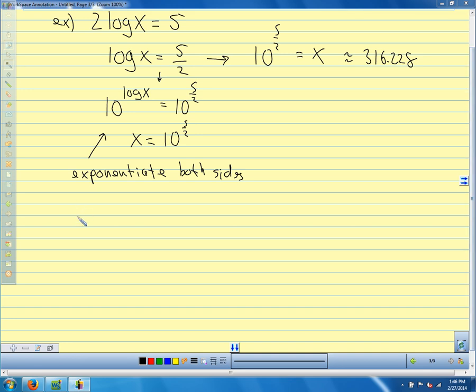All right. Let's look at this one. We have the natural log of the square root of x plus 2 equals the natural log of x, and we want to solve for x. So what are we going to do here?